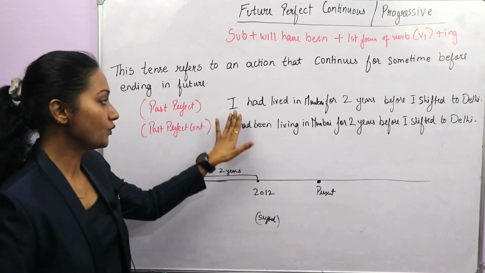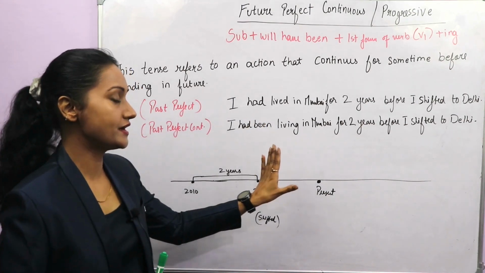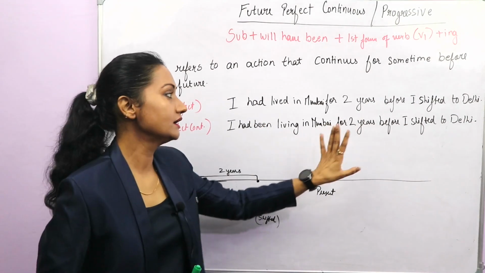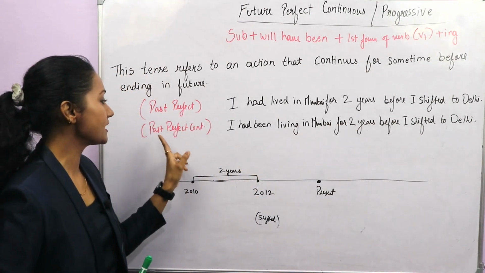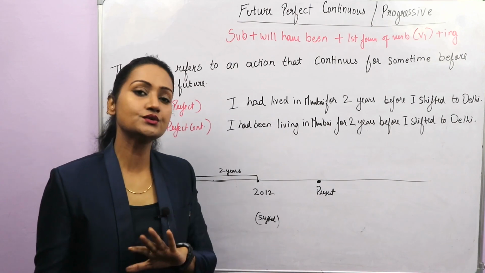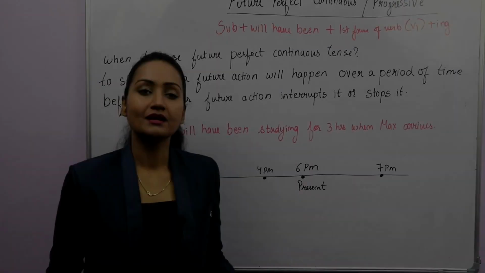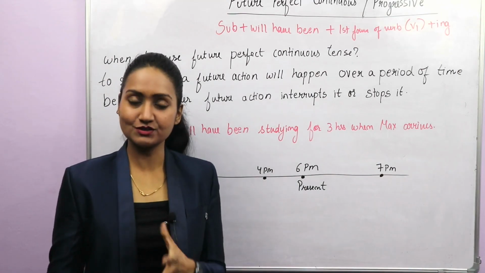So here both the sentences have same meaning. Again, in this situation when we have a duration, okay, so past perfect and past perfect continuous, like perfect and perfect continuous, you can use any of these tenses. They both mean same.